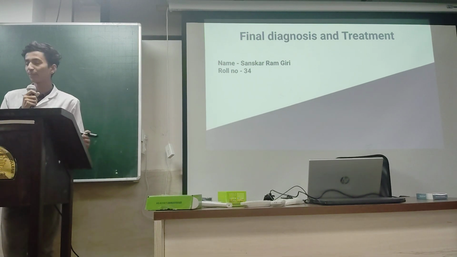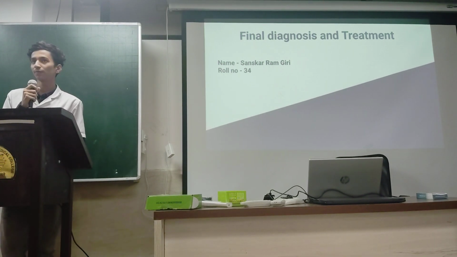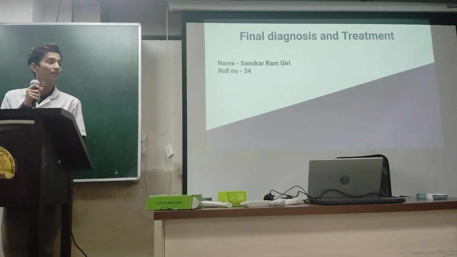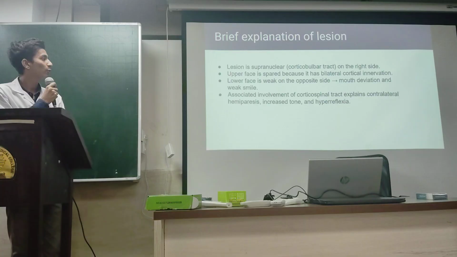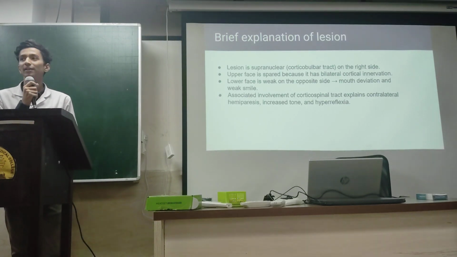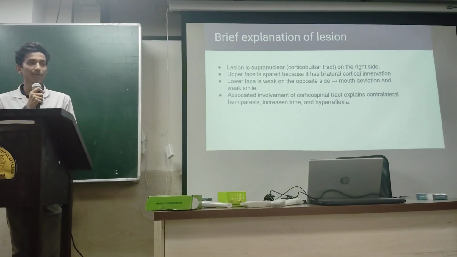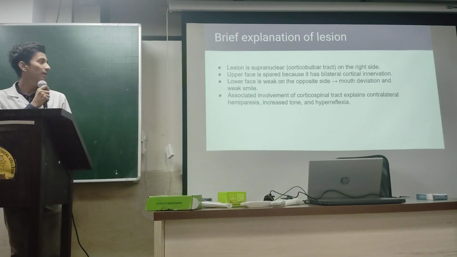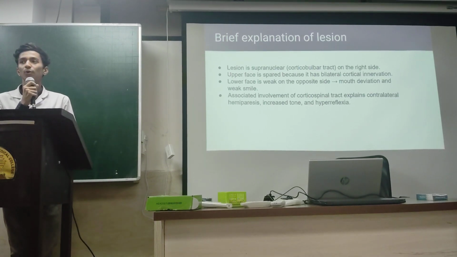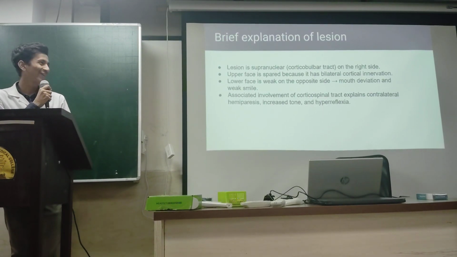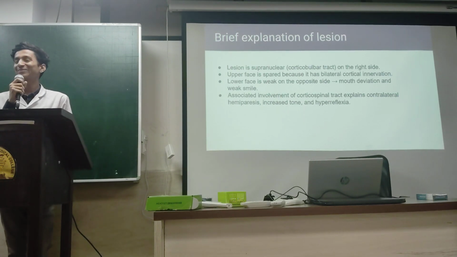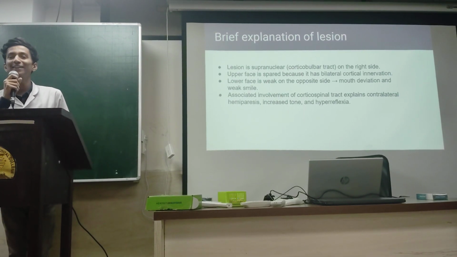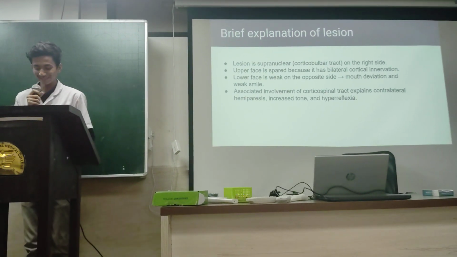Second point: the upper face is spared because it has bilateral cortical innervation, and the lower face is weak on the opposite side, because of the contralateral involvement, with mouth deviation and weakening of the smile on the opposite side.